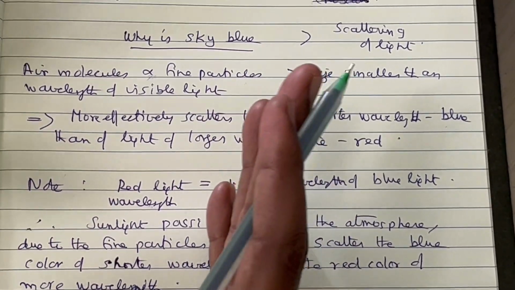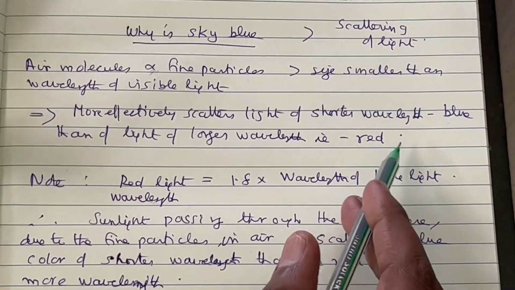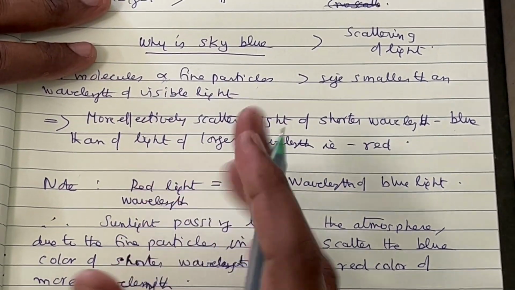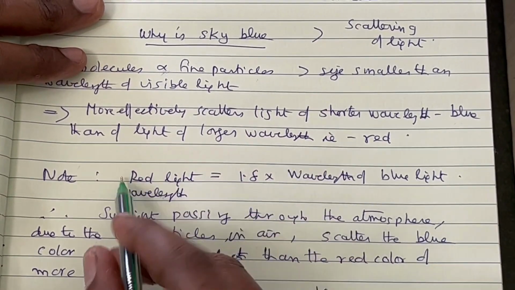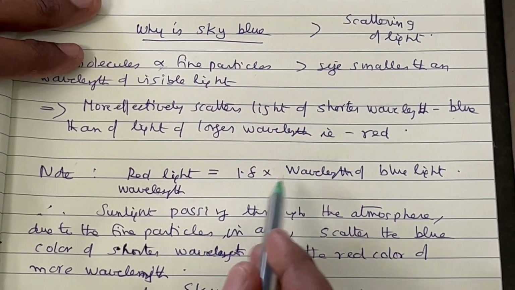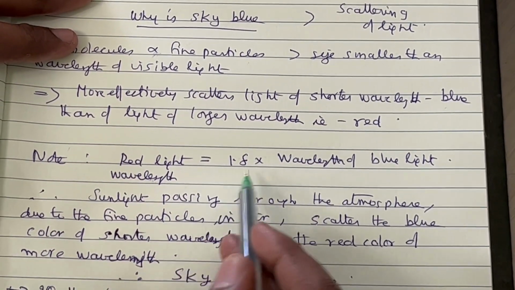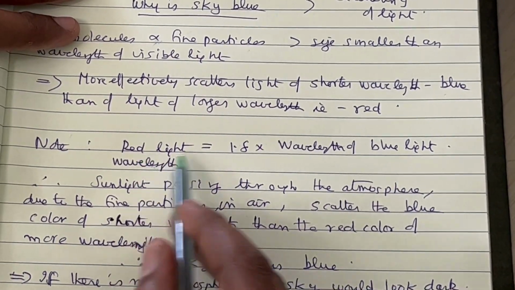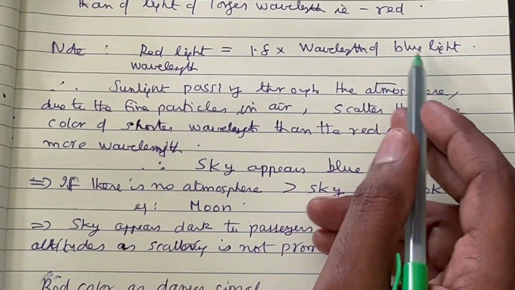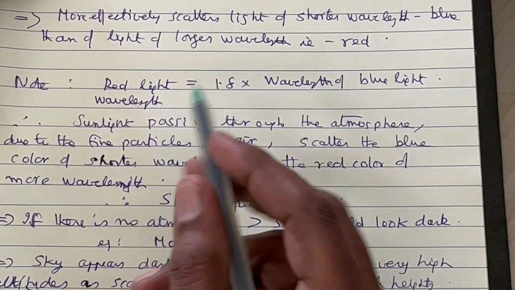So light of longer wavelength, that is red, won't be there, which simply means that the sky will appear blue. Note that the wavelength of red light is about 1.8 times, around 2 times, the wavelength of blue light.